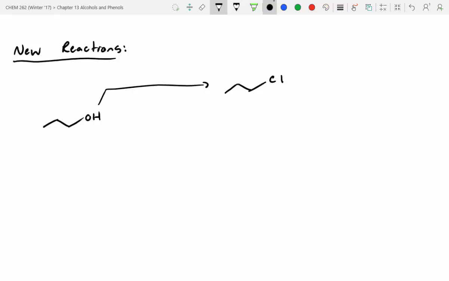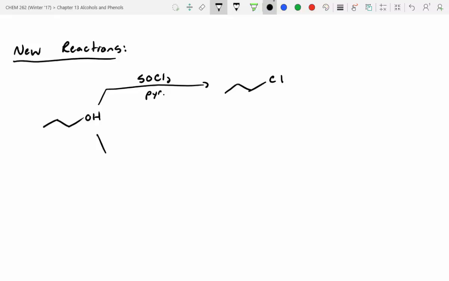However, that's pretty limited with the alcohols you can use. It only works with the water-soluble alcohols. So more common is chemists will use thionyl chloride, so SOCl2, and then pyridine. Pyridine, I just abbreviate PYR. That was the same base we used when we tosylated an alcohol.